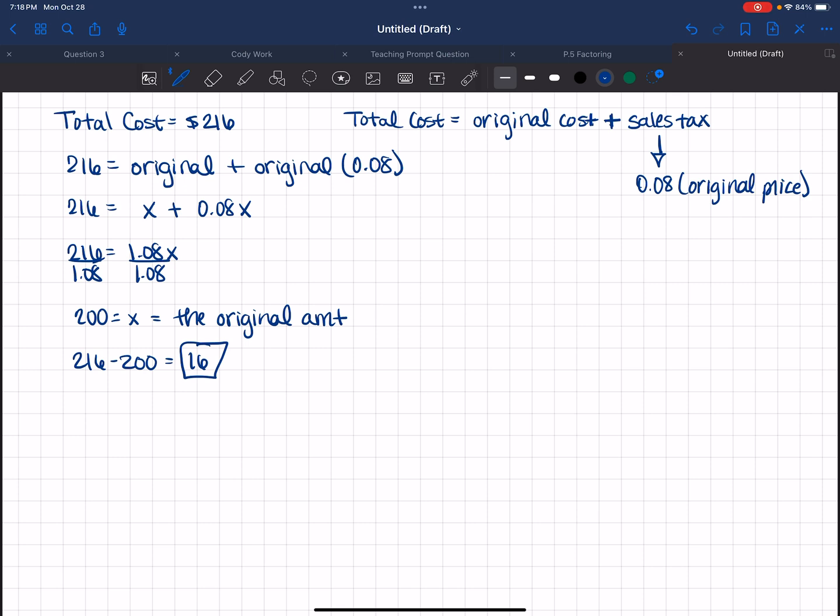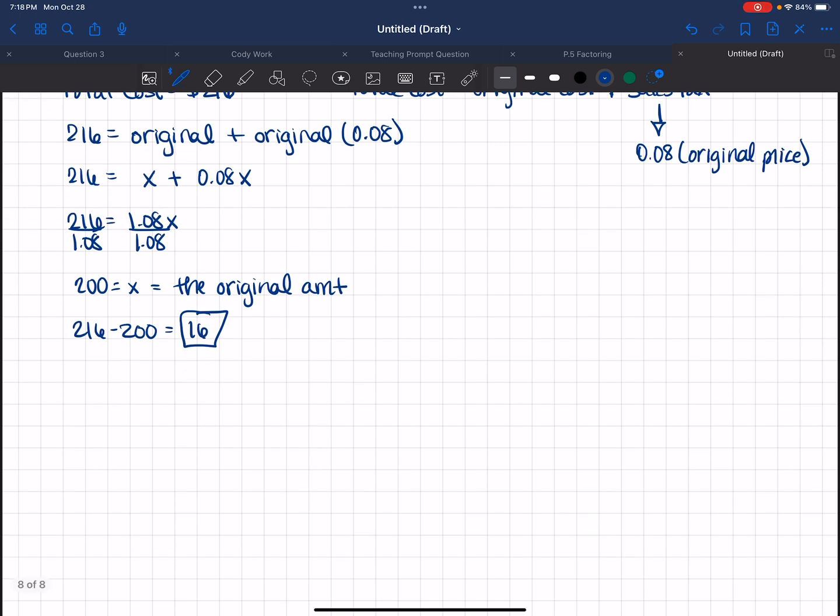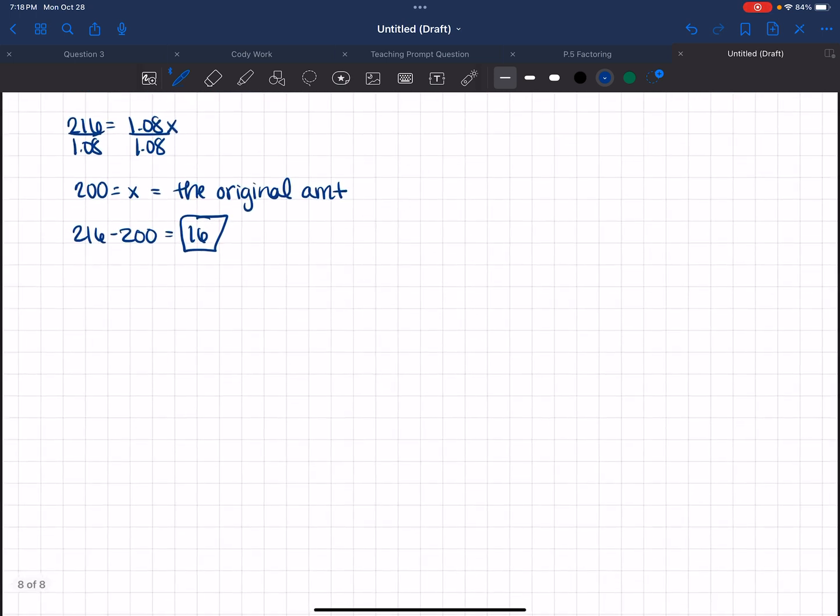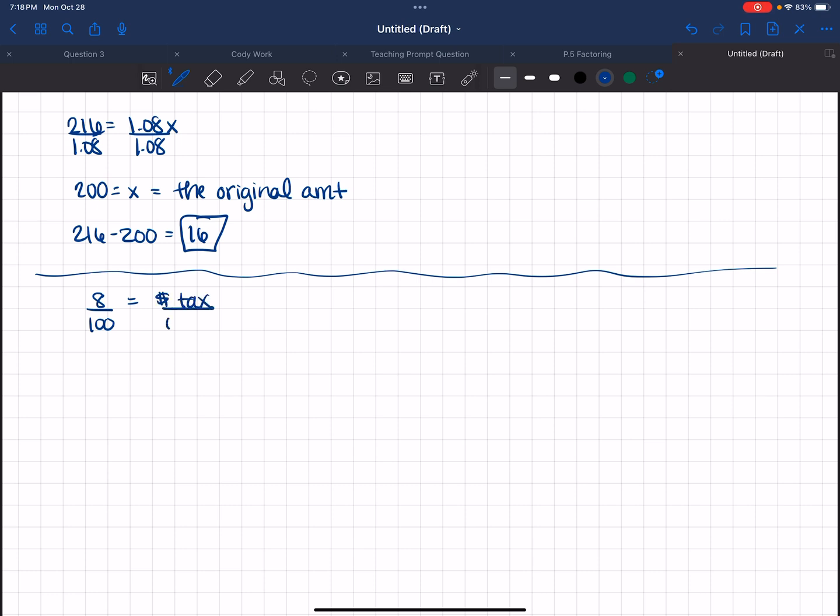Now, the way they kind of have her do it with proportions, which this is a multi-step problem of proportions. What she's been doing is she's been doing the percent over 100. So she's been doing 8 over 100 equals the money in tax out of the original.